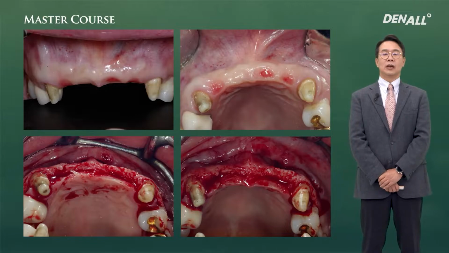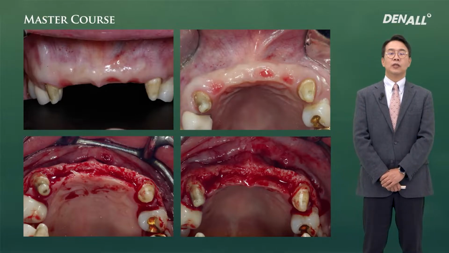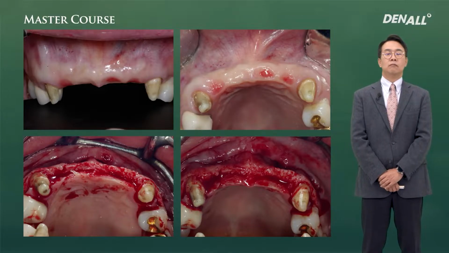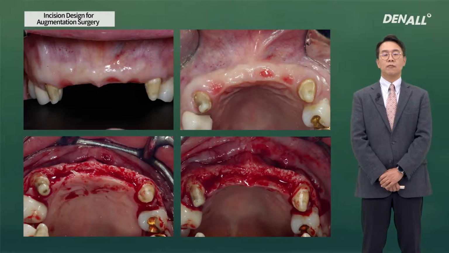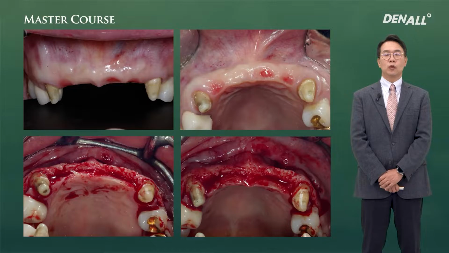Let's start by looking at a clinical case. In the upper anterior, the patient wore a bridge for a long time. Something went wrong, and the patient did not decide yet whether an implant or a prosthesis in the form of a bridge is to be used.